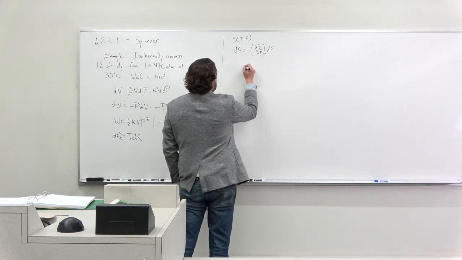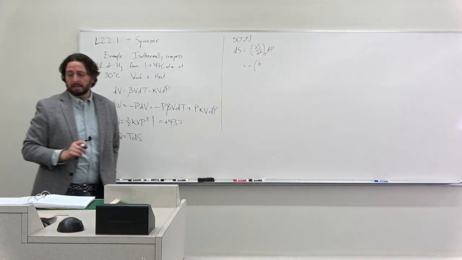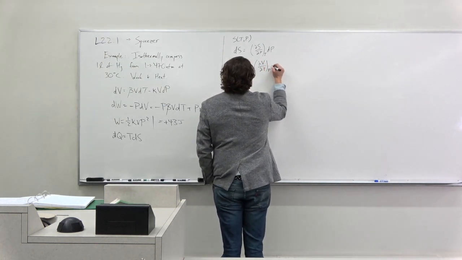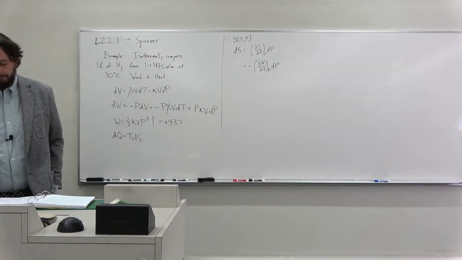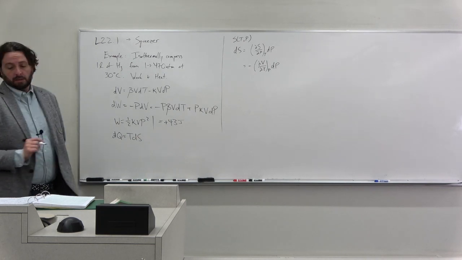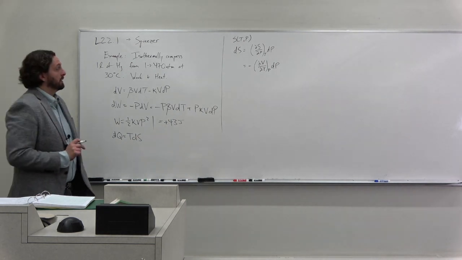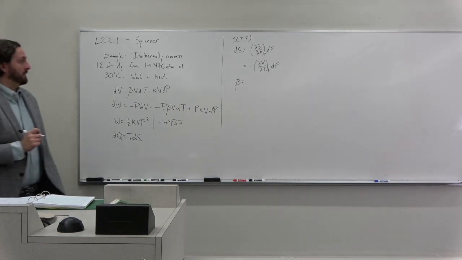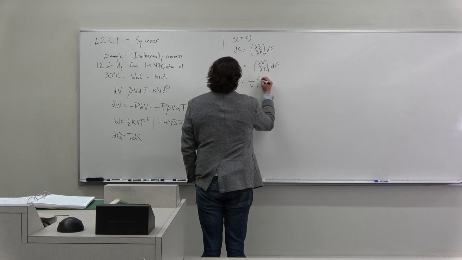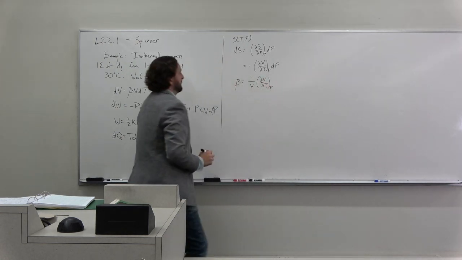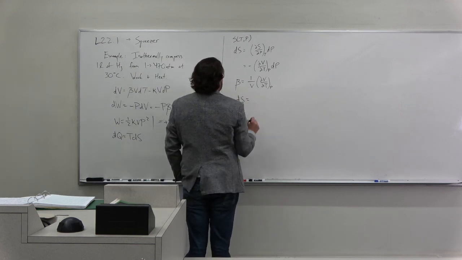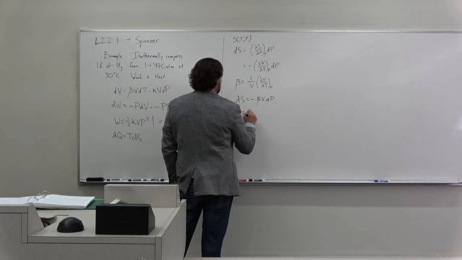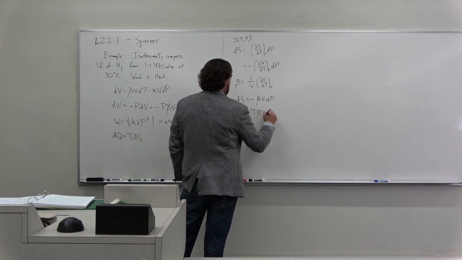The one we found was minus partial V, partial T at constant P. And that was just a reminder that our coefficient of thermal expansion, beta, was 1 over V, partial V, partial T at constant P. So our dS was equal to minus beta V dP, and dq was minus T beta V dP.